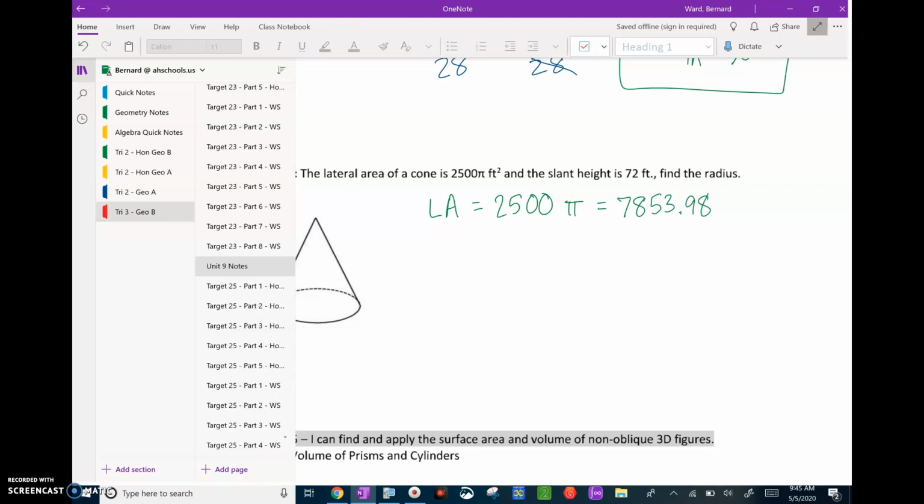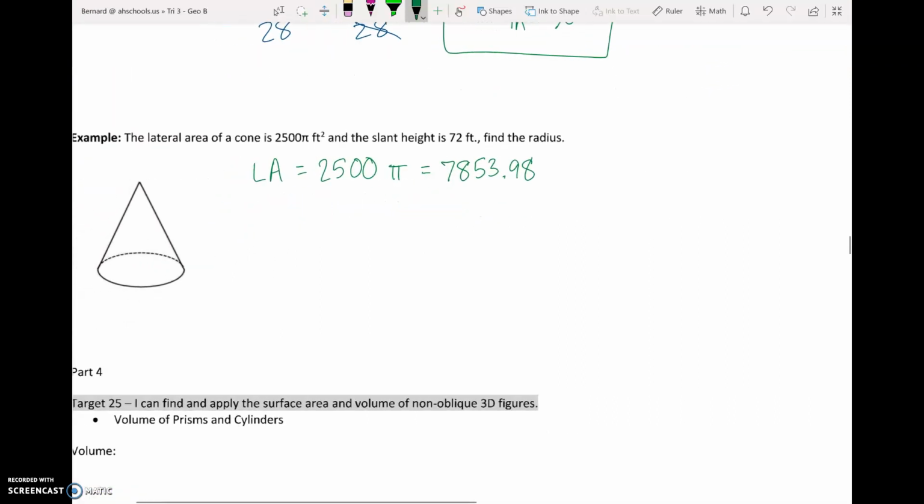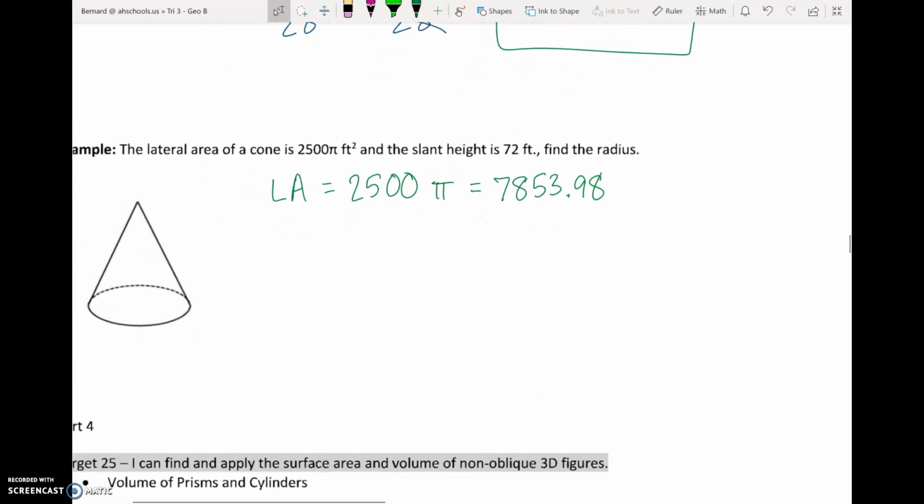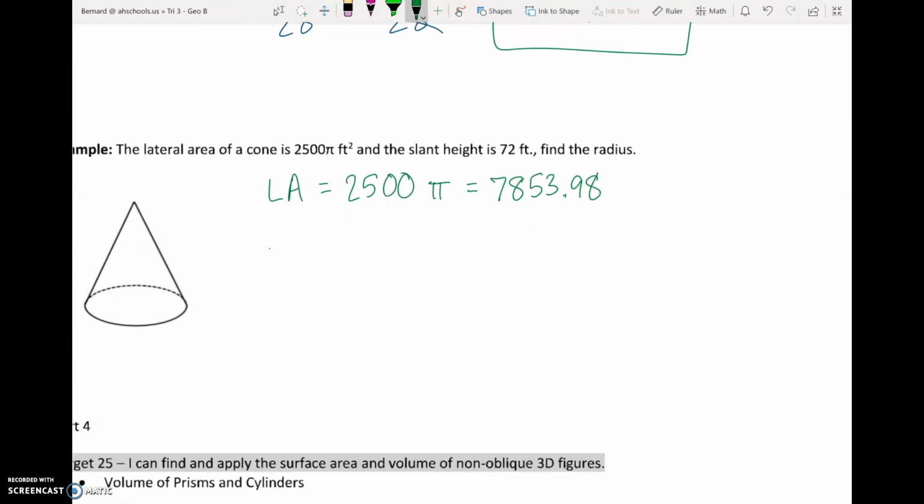So that's what our lateral area is. And now they tell us the slant height. So we know L equals 72. We want to find the radius. So R equals question mark, right?